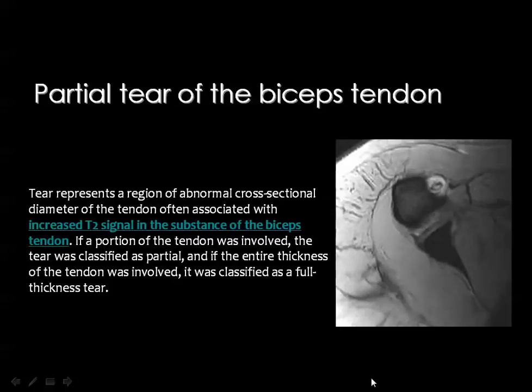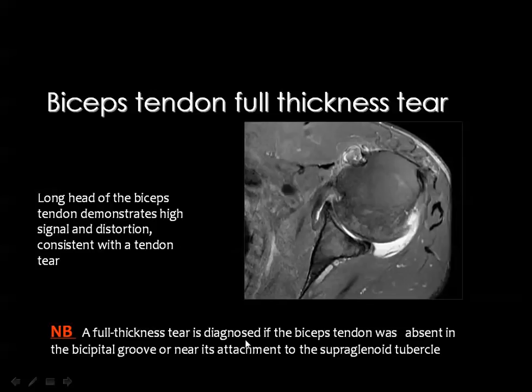Partial tear or complete rupture of the biceps tendon: in cases of complete rupture, you cannot see the tendon. Instead, you will see fluid signal at its anatomic site. But if you see the tendon containing abnormal bright signal within its substance, this means that the tendon is partially torn.